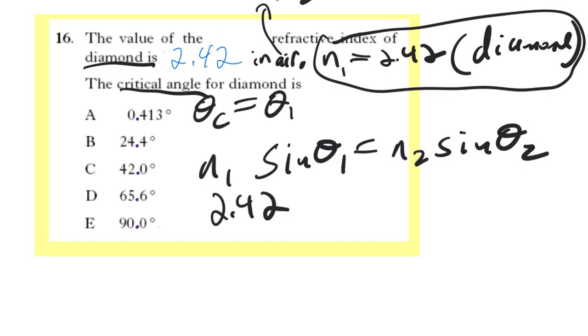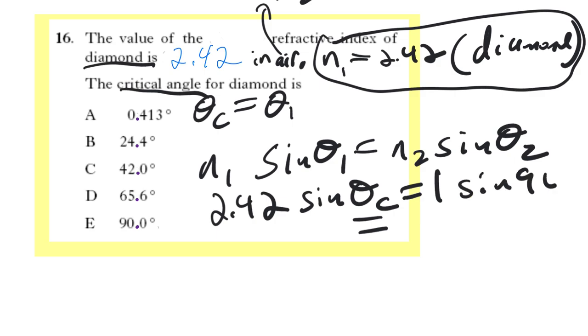So 2.42 times sine of the critical angle equals, now that's where people get confused, what is the angle of refraction when you're at the critical angle? It's 90 degrees, and sine of 90 is 1. So that makes life easy. It's not always going to be like that, though. n2 might be different, so this number might not be 1.